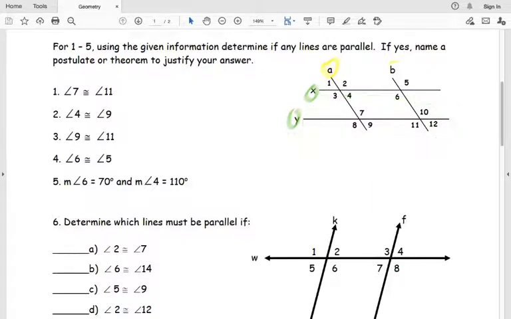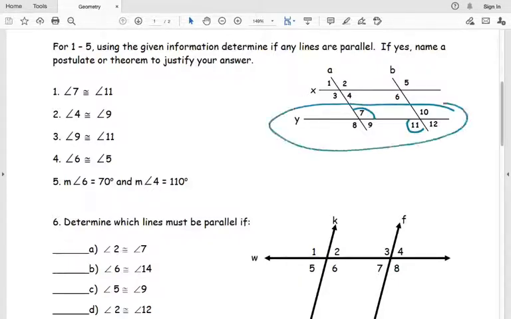Okay, so let's see what we have learned or what we can use here. We're going to talk about angle 7 is congruent to angle 11. So that's part of this group right here. And those are alternate interior angles. They are formed by these parallel lines right here and this transversal.